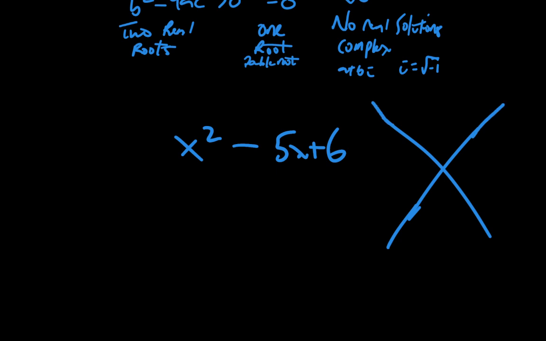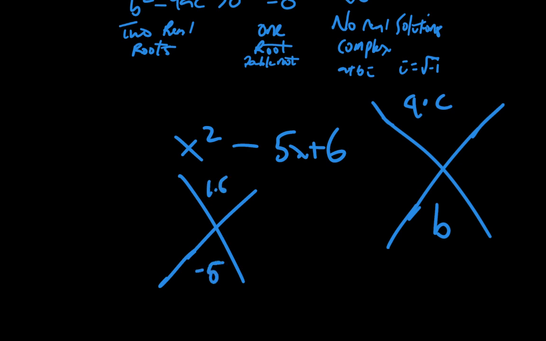So you have 2 numbers on the top, which is a times c, and then the bottom is b. So you have this a times c term. I'll just write it down here again. 1 times 6, and then the b is -5. So we want 2 numbers that multiply to 6 and add to -5.